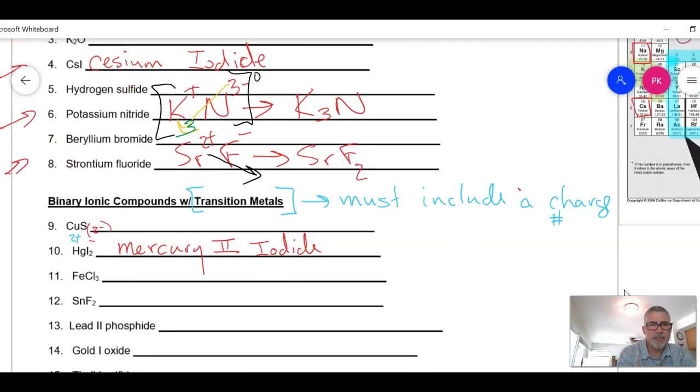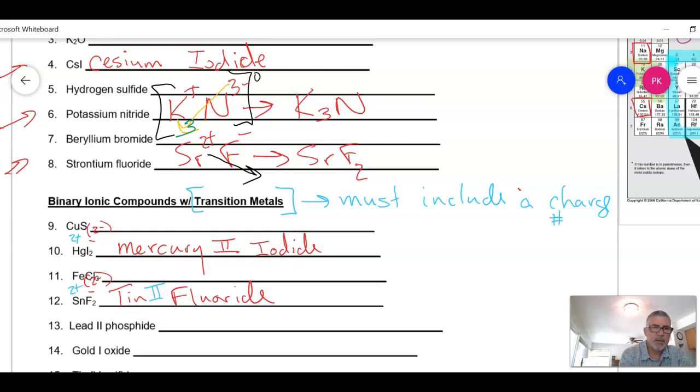So we'll say Sn, and then F is fluoride, because fluorine becomes fluoride. And we know that each fluoride has a negative charge. So since each fluoride has a negative charge, I have 2 negative overall charge. So Sn would have to have a 2 positive charge to cancel it out. So it becomes SnF2, fluoride.